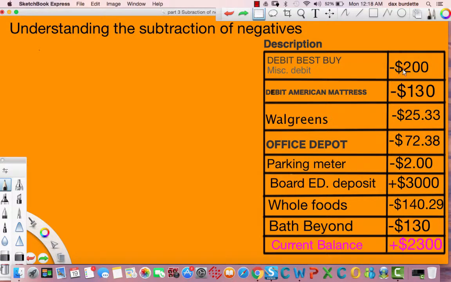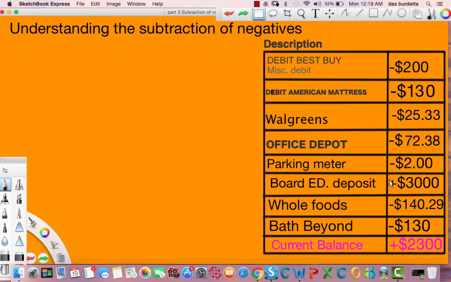On bank accounts, they'll have a minus sign to indicate what came out of your account balance. American Mattress, they took out $130, because supposedly I spent $130. Walgreens, $25.33. These are all transactions that transpired.